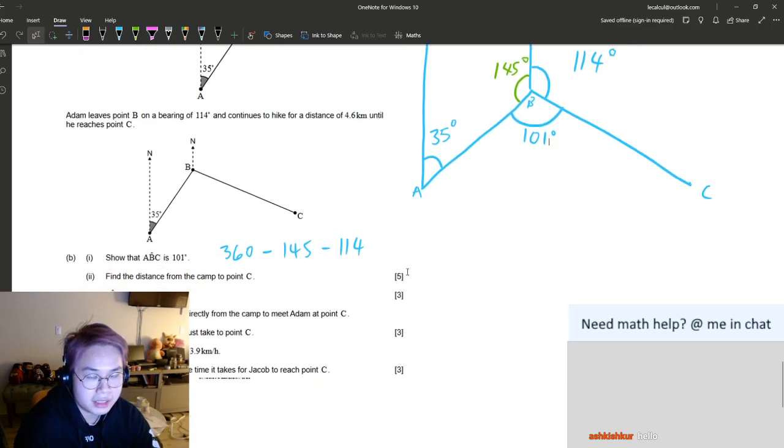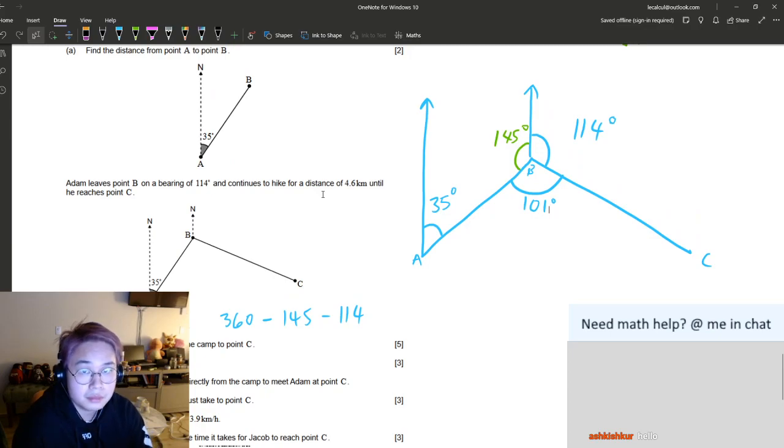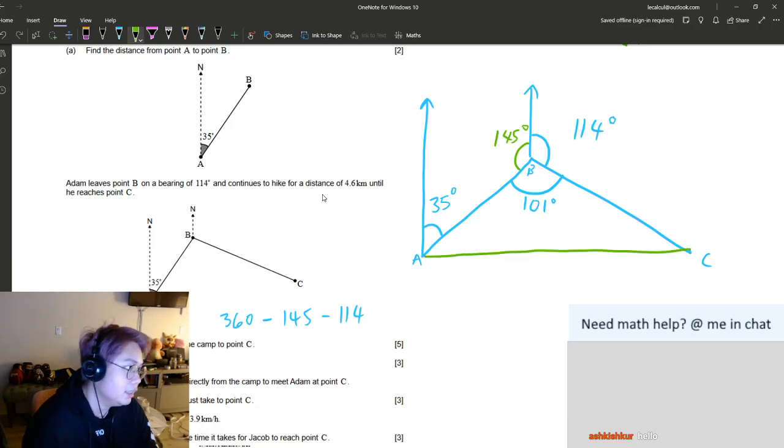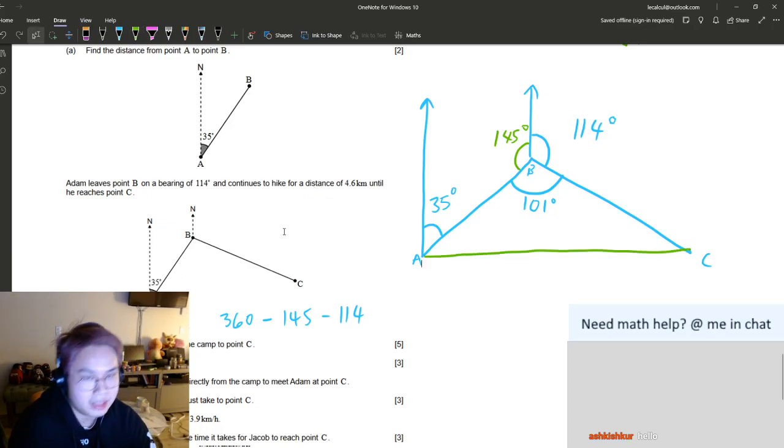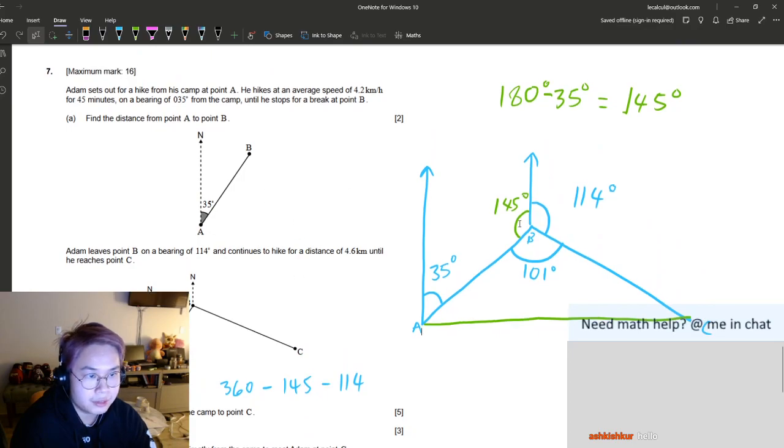And then I need to find the distance from the camp to point C. So now I need to find this one. And from here, this is where we need to add in our distances. We know from point B to point C, he walked a distance of 4.6 kilometers.